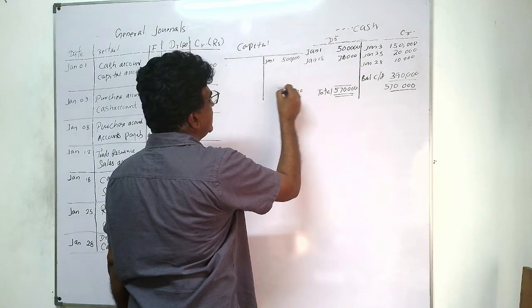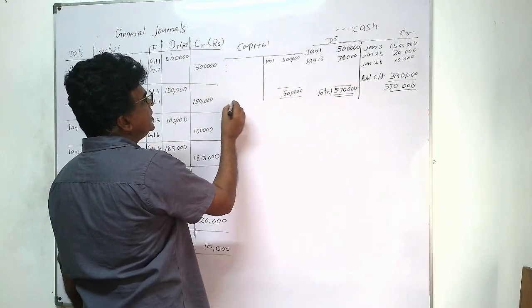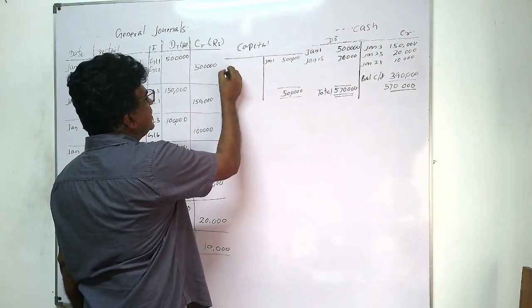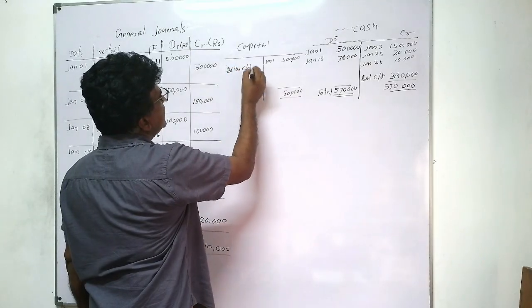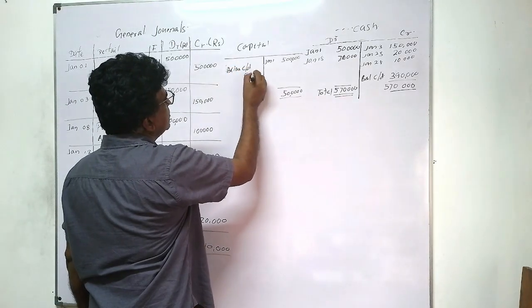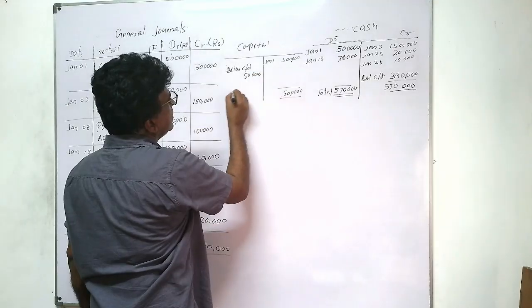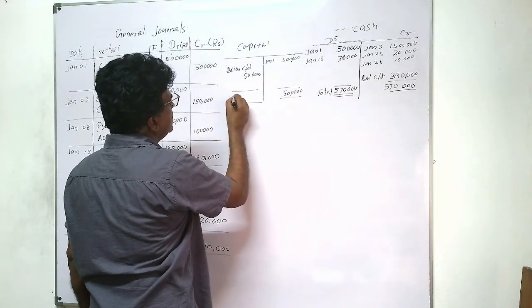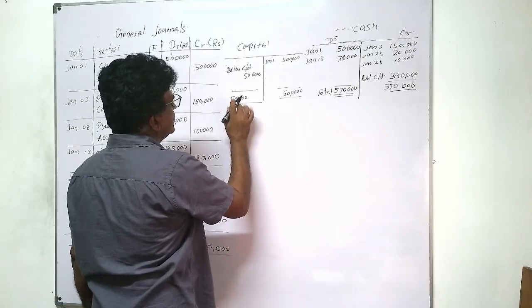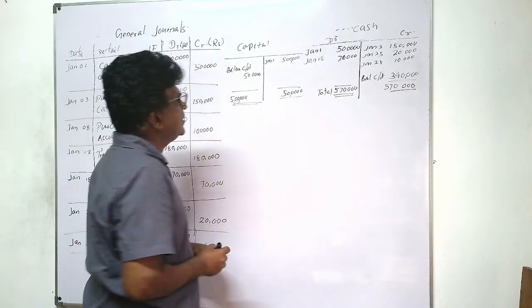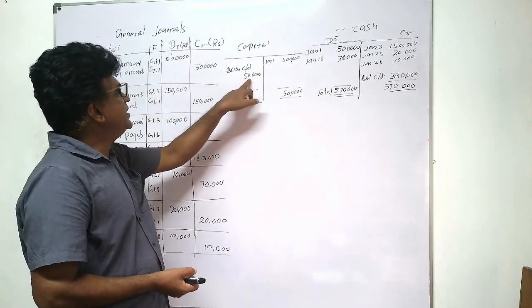Then what I am going to do is balance CD, that is 500,000. I'm going to balance the account, 500,000. This is the balance of the capital account.